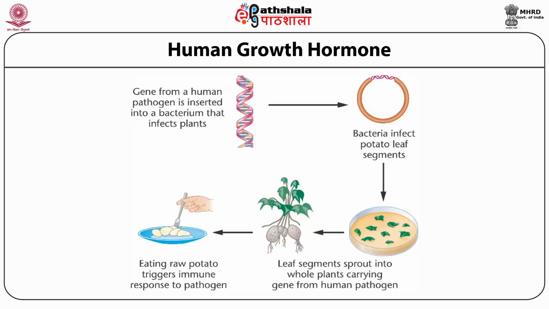In this technique, desired genes are inserted into a plant, and this altered plant is then induced to manufacture the encoded protein, whether it is a vaccine or other plant substances. Initially, it was thought to be useful for preventing infectious diseases only.